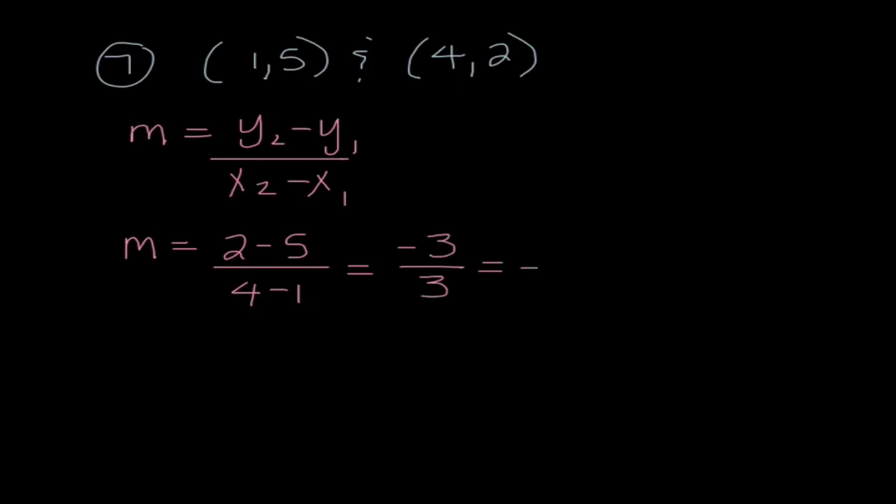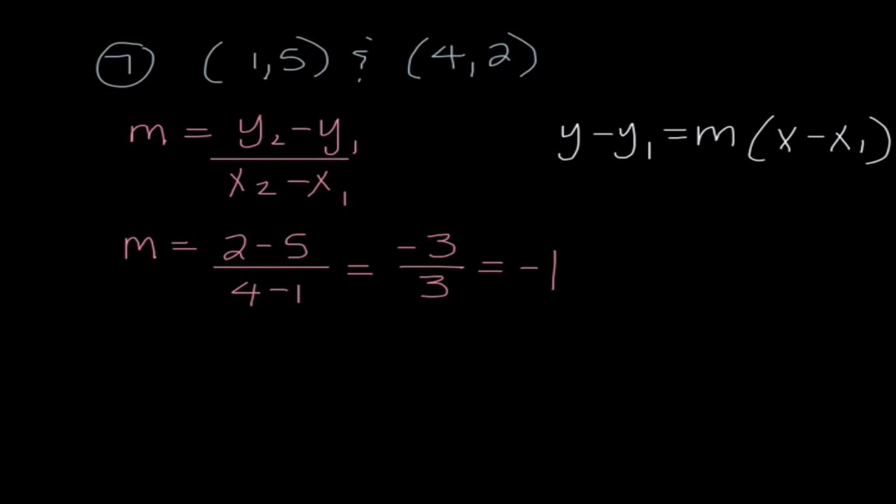I know I always need to reduce, so I get negative 1. So I'm going to go ahead and write y minus y sub 1 equals m times x minus x sub 1. And I want to stress once again that even though I'm using point slope form, we could use any of the methods that we talked about in this particular lecture.